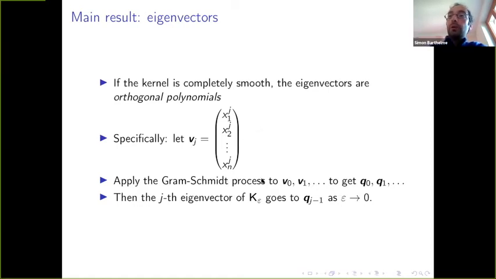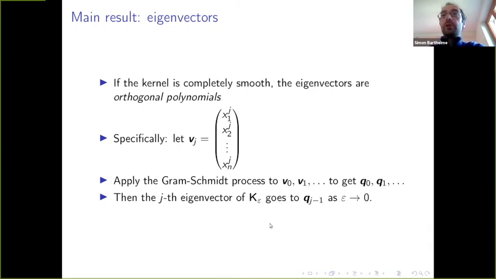Now you apply the Gram-Schmidt process, starting with order 0 and going to order n minus 1, to these vectors v0, v1, and so on. And so you get q0, q1, and so on. So these are orthonormal vectors.